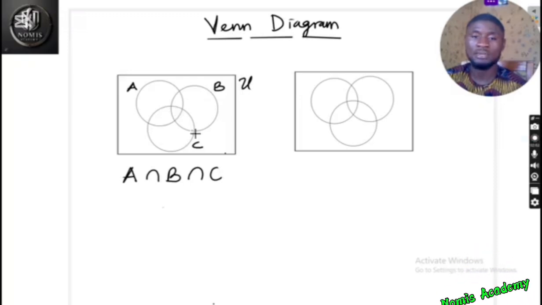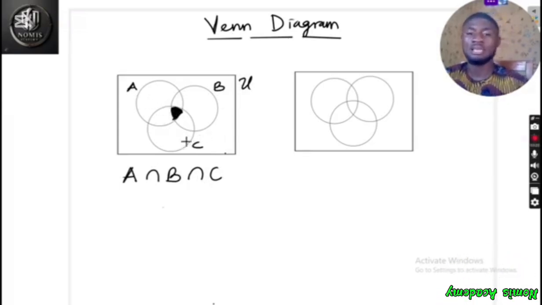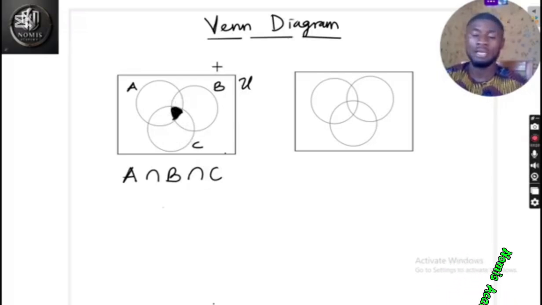So if I'm to show A intersect B intersect C using a Venn diagram, I will just shade this portion. This particular part is A intersect B intersect C. That is where the three sets intersect, that is, they have the common elements.